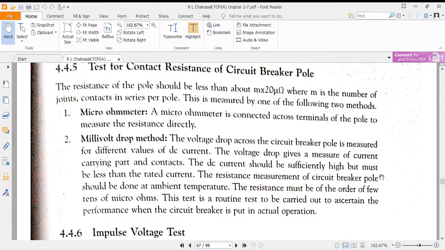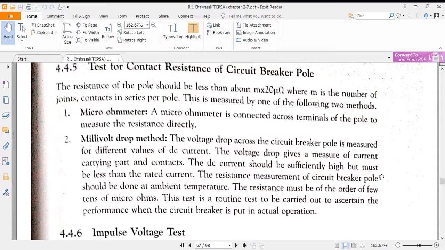Today we'll continue with the test for contact resistance of a circuit breaker pole. There will be resistance in every part of the circuit breaker.